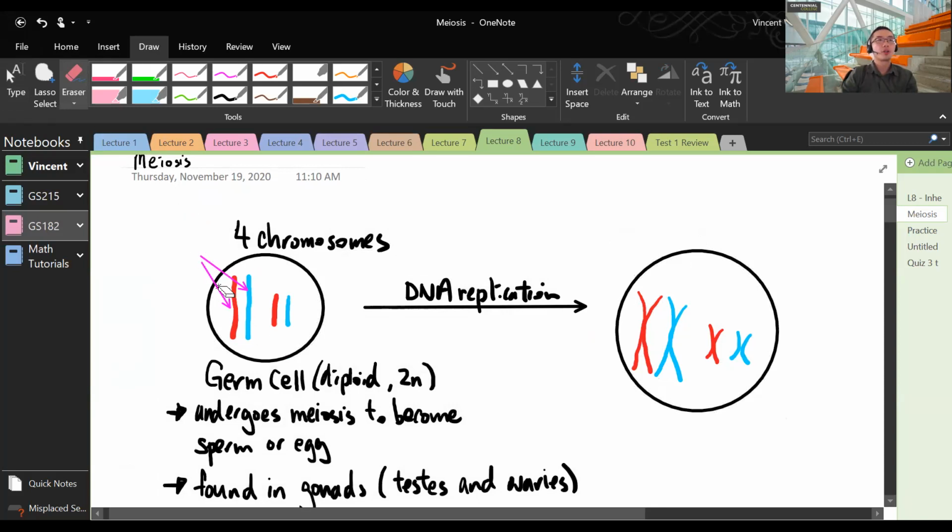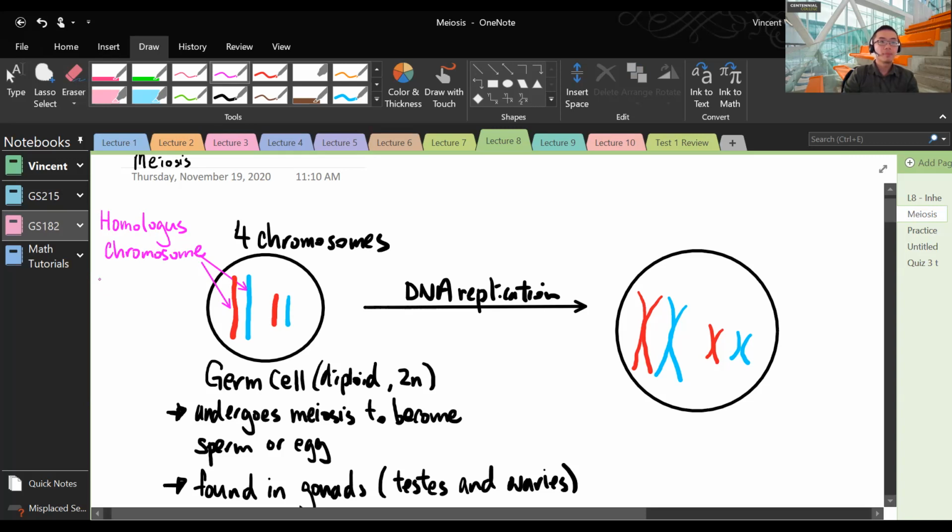Can someone help me out, please? Not chromatids. Chromatids would be when they're stuck together. Good try though. Anyone else know? These 2 and then these 2. Okay, we have a couple of tries. That's okay. They are homologous chromosomes.